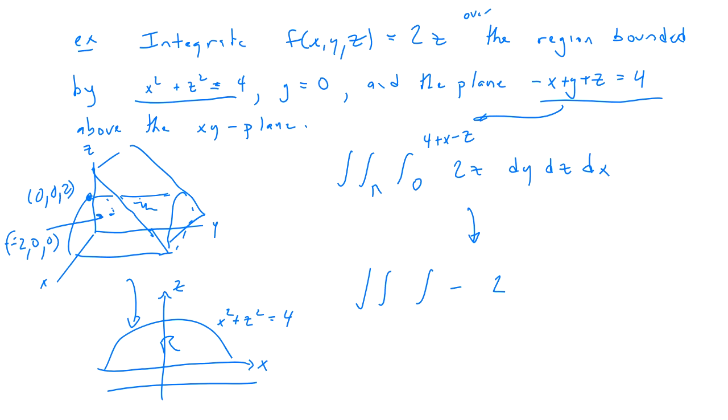So we have x is equal to r cosine theta. But now z is equal to r sine theta. So when I bring it down, z becomes 2r sine theta. And I convert, what do I always get with polar coordinates?